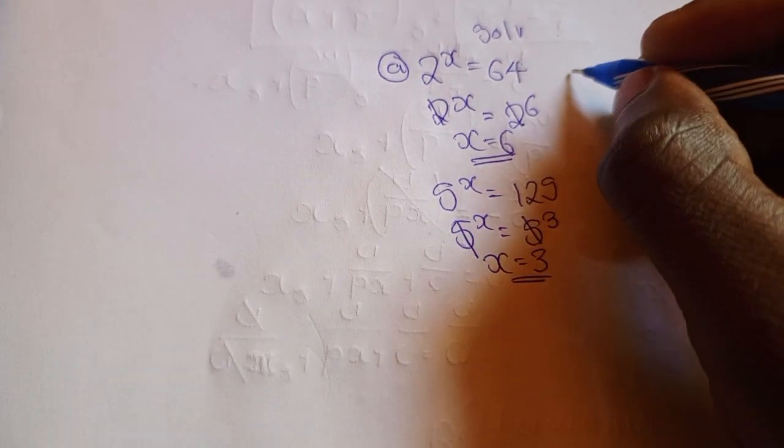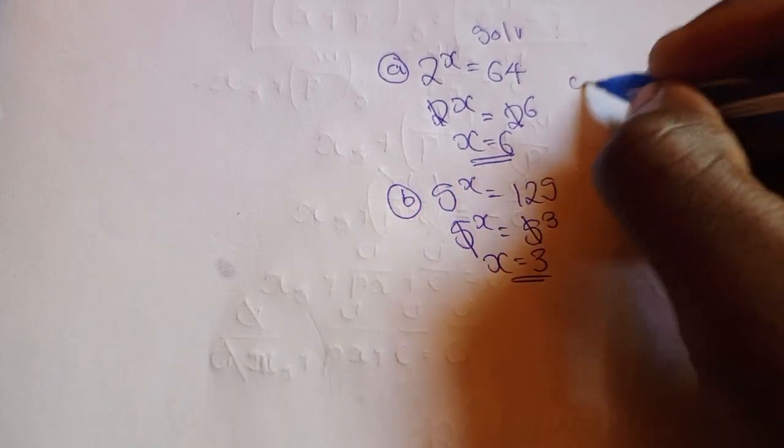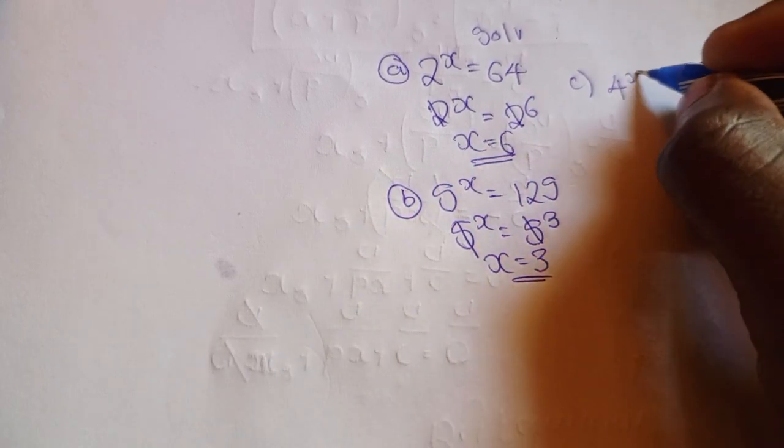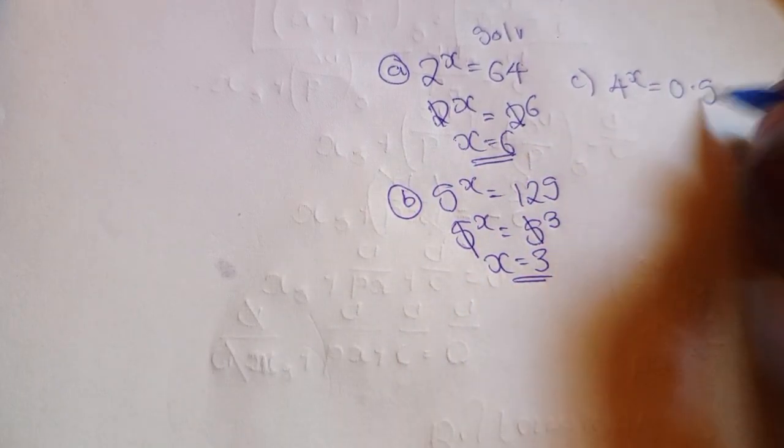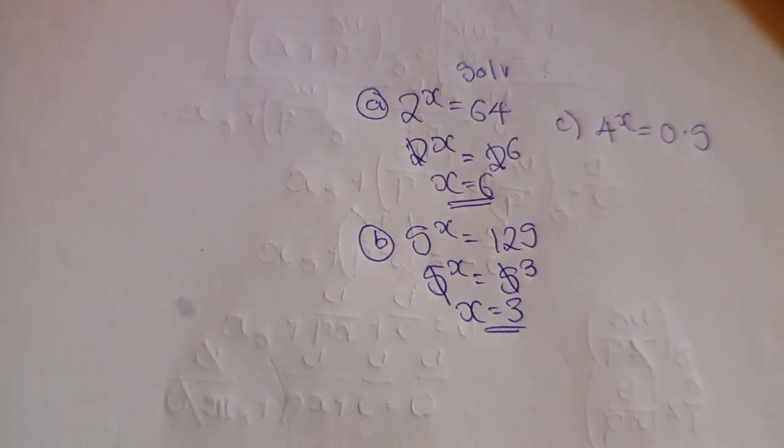We can have a little bit more complicated equation, which is 4 to the power x being equal to 0.5. So how do you solve this?